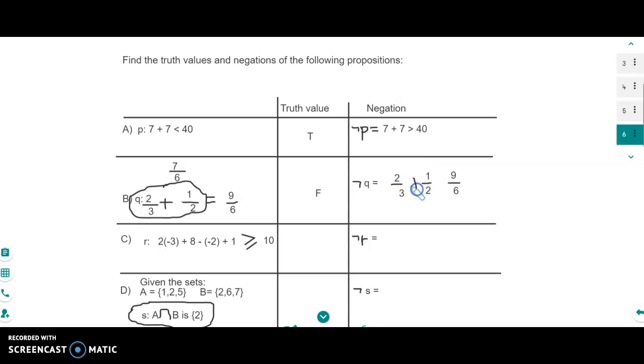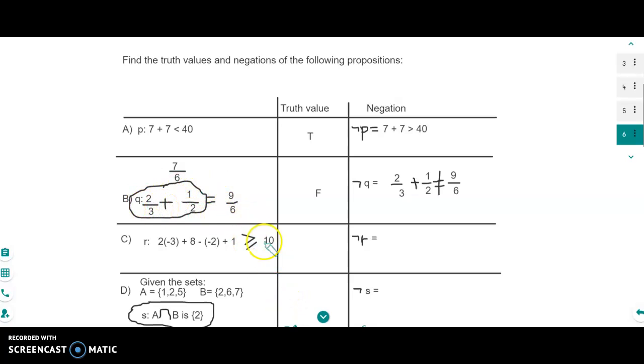This is plus, this is equals, and the opposite for equals is different. So we have to write the different sign. This is different to 9 over 6 because we already checked that it was 7 over 6. Truth value true, and this is the negation, the opposite for this sentence.